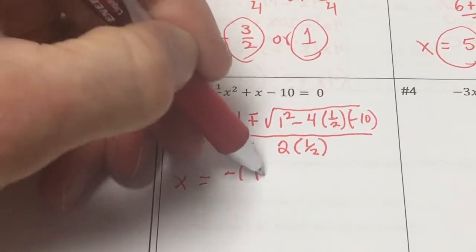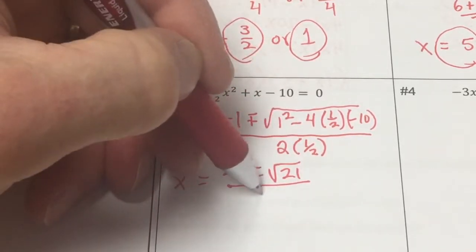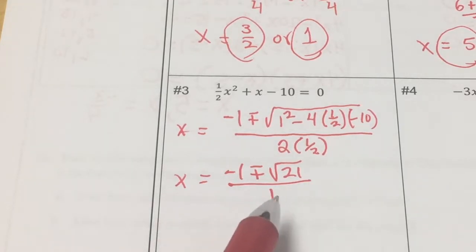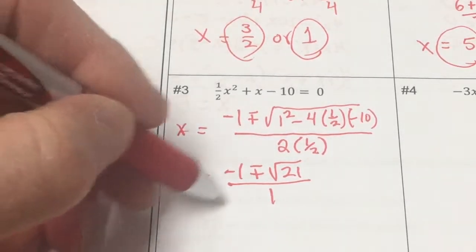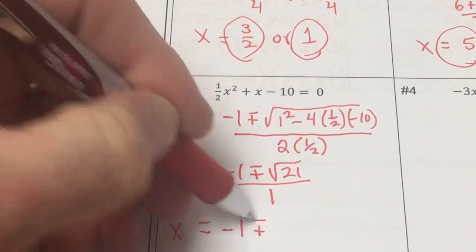So negative 1 plus or minus the root of 21 over 1. And when you have 1 on the bottom of a fraction, you don't really need it there. I'm just going to make sure that I did the root of 21 correctly there. Okay, I was right. So actually we can't really simplify this anymore.